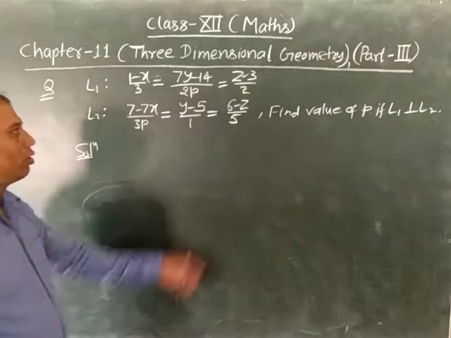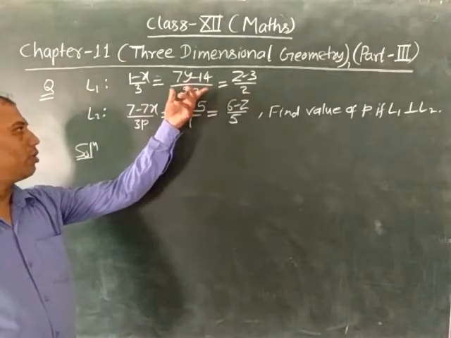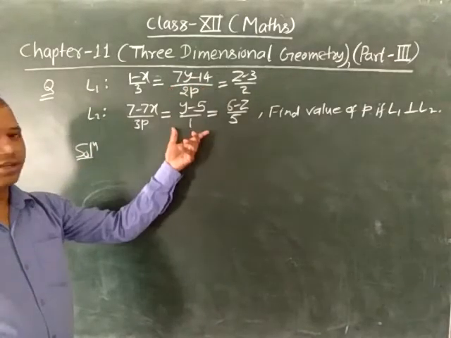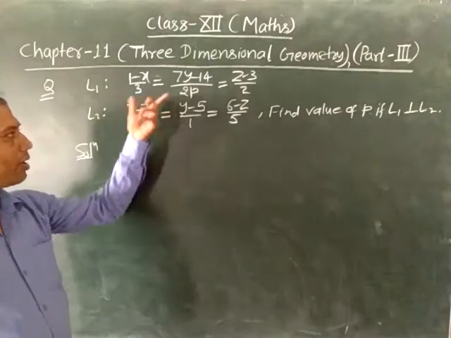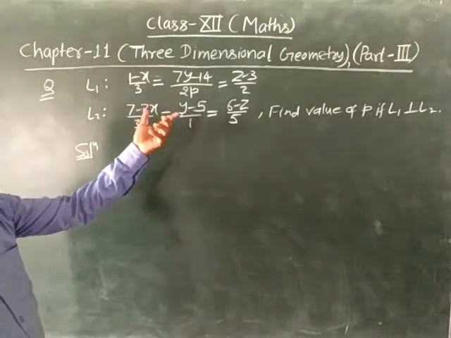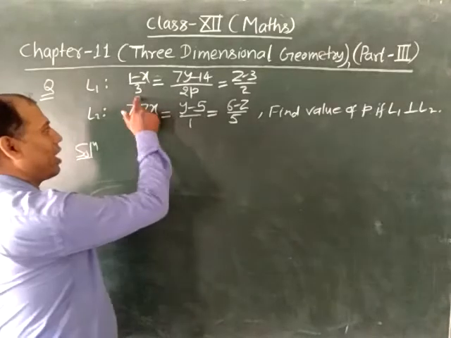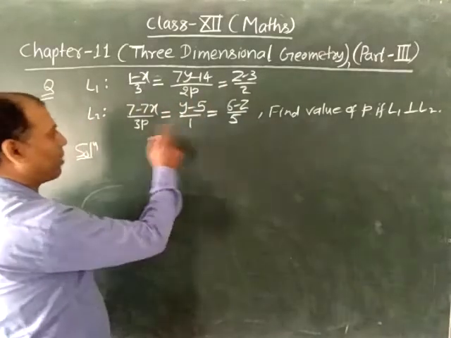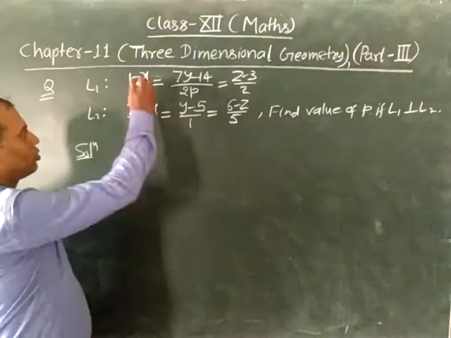So first of all, we will transform these two equations into standard form, and after getting the equations in standard form, we can find the direction ratios of the line parallel to the vector.